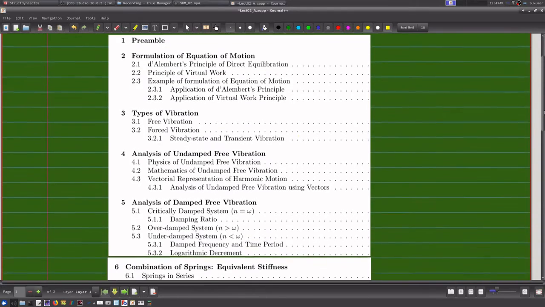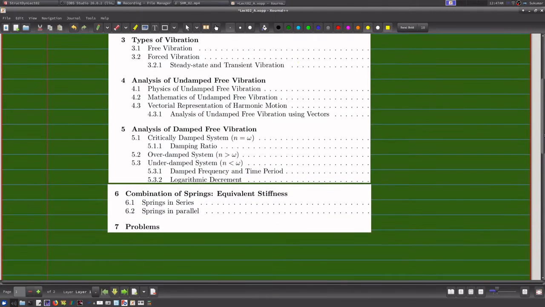After that we'll go for some methods of finding equivalent stiffness of a combination of springs, and why those combined springs are necessary. That also will be clear once we take up that issue, and then of course we'll solve a few problems.